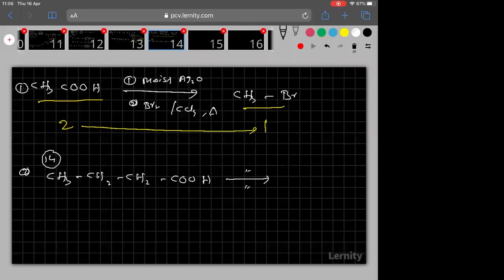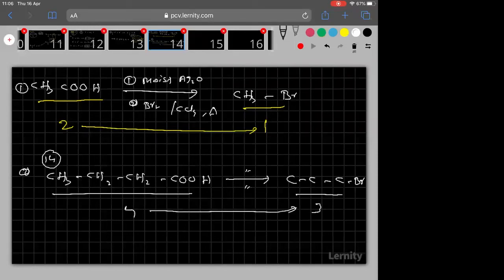Then here one carbon less bromoalkane is formed. This is the answer. Here you see 3 carbons and here you see 4 carbons. Therefore, one carbon less bromoalkane is formed in the reaction. I hope you understood how to solve the questions in Hans-Dicker reaction.